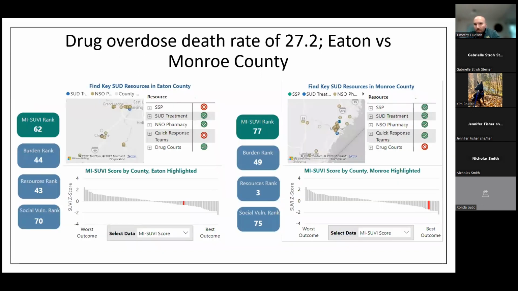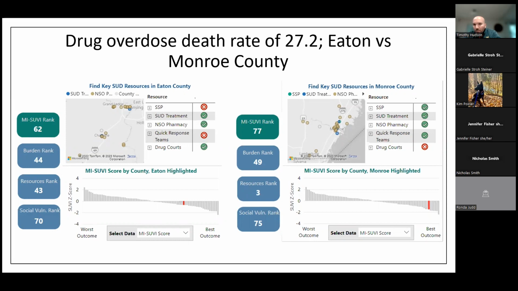So now I'm going to jump into some ways you can analyze data, some examples to get the wheels turning in your brains. This first slide is looking at Eaton versus Monroe County. As I mentioned at the beginning of the presentation, historically, we've often just looked at the drug overdose death rate when making decisions about funding and program allocation.